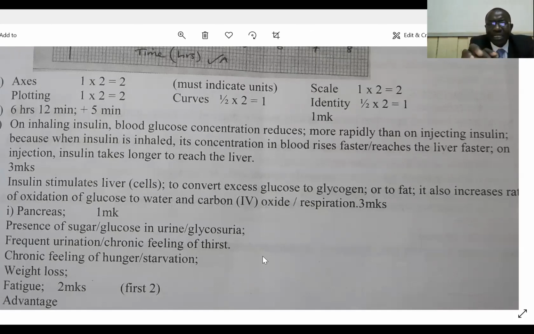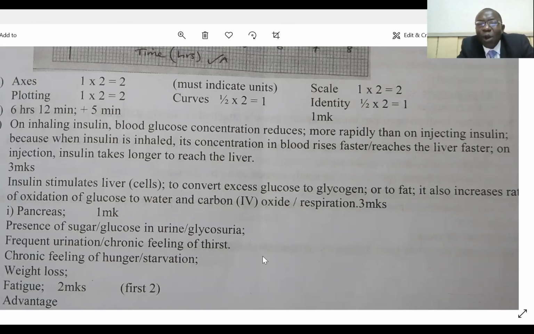And that is what stands for a question that says explain or account. Check the answer. When insulin is inhaled, its concentration in blood rises faster and reaches the liver faster. On injection, insulin takes longer to reach the liver.